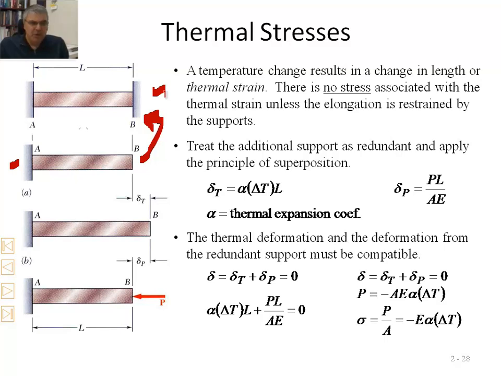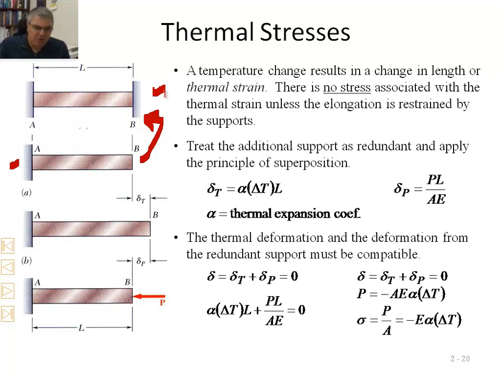thermal stresses. So the coefficient of thermal expansion, or thermal expansion coefficient alpha, you probably heard of that. It is a property of the material. It's a coefficient, and it is different for different materials, and that would determine how much a material would expand under increased temperature, or how much it would contract under a decreased temperature.